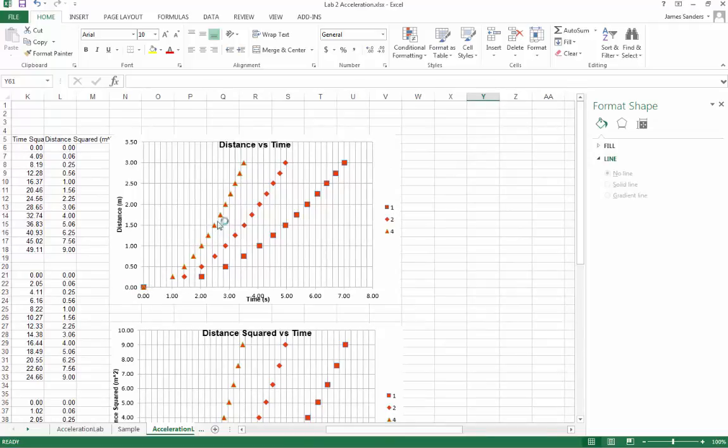So here is the average time versus distance. These are clearly not lines. If you look at this, you can see that they are curved. Of the options available, the one that most nearly matches it would be an upward opening parabola, because these are opening upward.